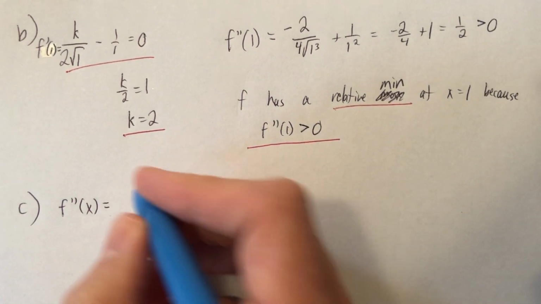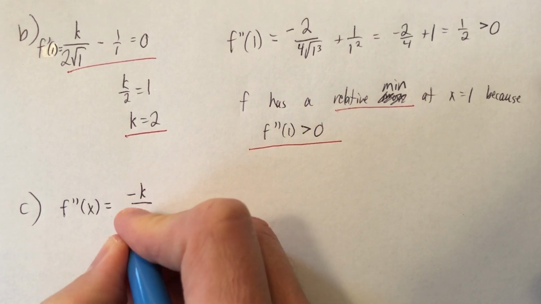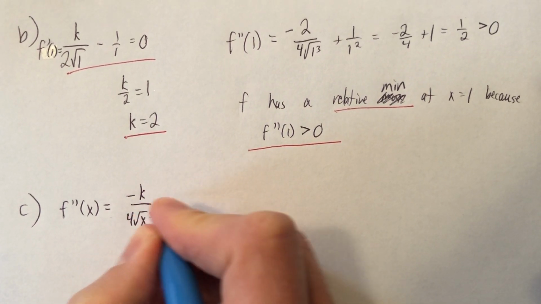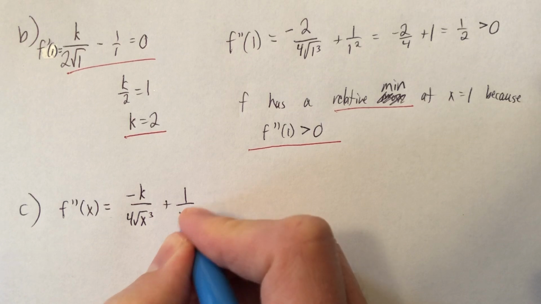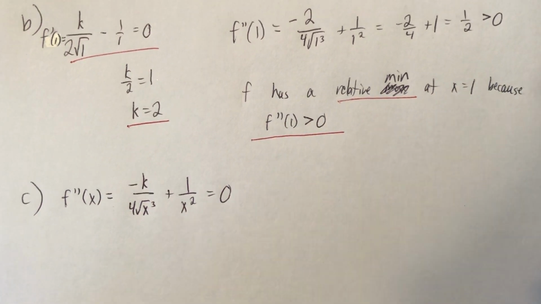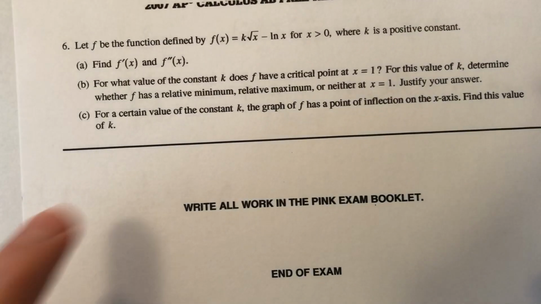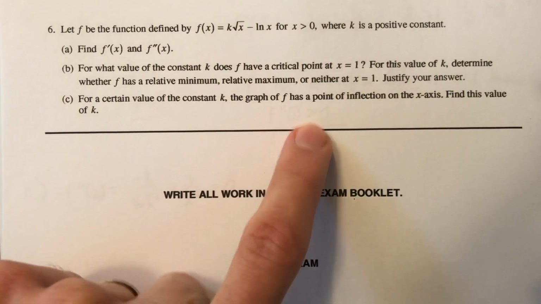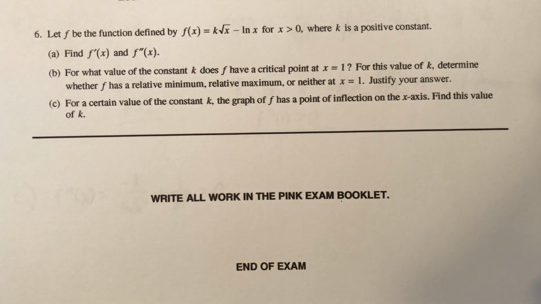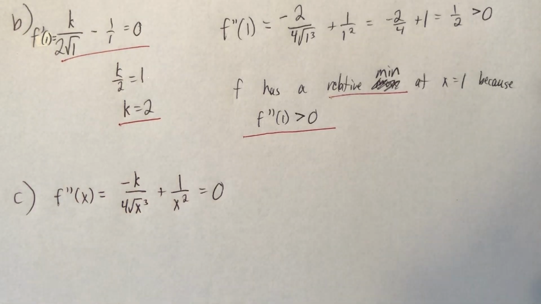equals 0. So I did all this stuff right here, and I was like, okay, great, this equals 0. And I was happy, but I thought, wait, I actually have a k and an x. I don't know what x is. So I read the problem again. For a certain value of the constant k, the graph has a point of inflection on the x-axis. Okay, well, if it's on the x-axis, then the y value is 0, right?